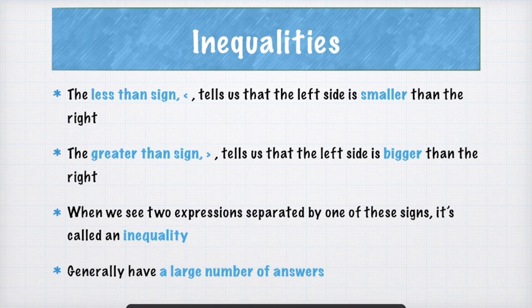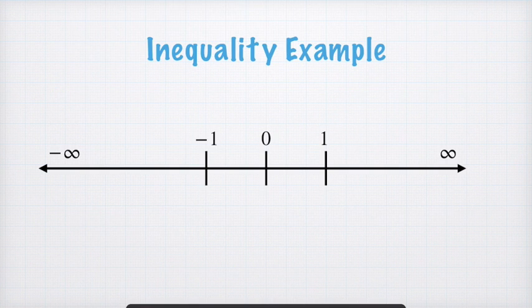They generally will have more answers than you would find in an equation. Let's give an example. We're going to pull back our statement that we had before, only in this case, x has to be less than 1. So we're going to draw a circle, and it's going to be an open circle because that means that it doesn't include 1.